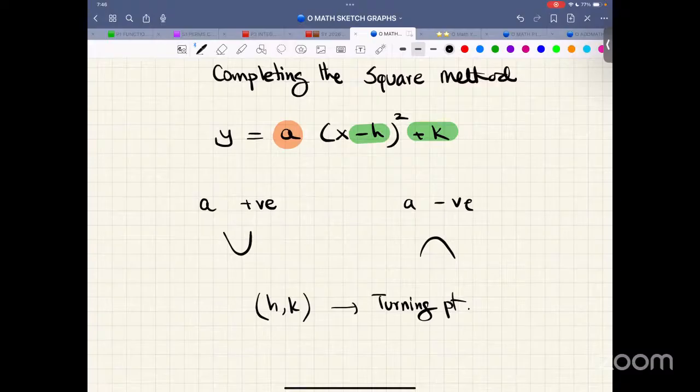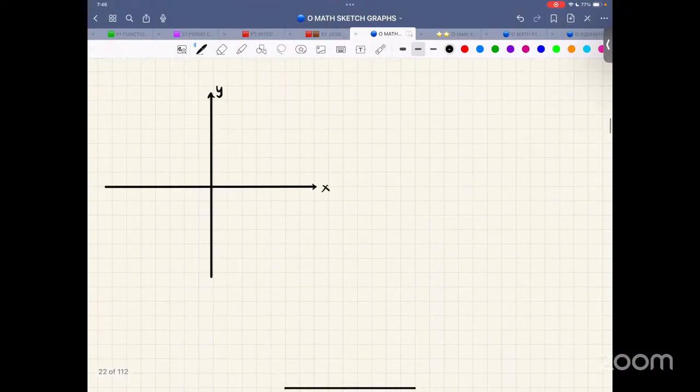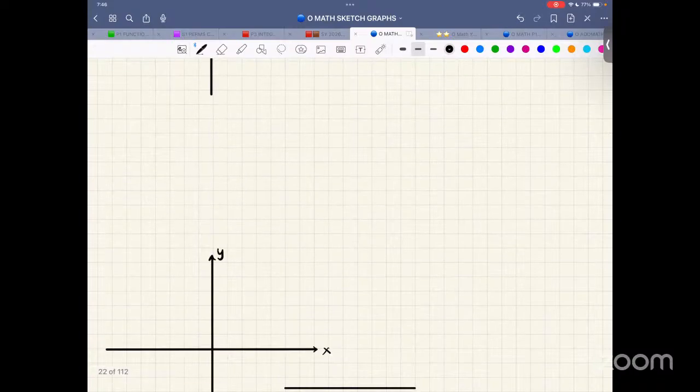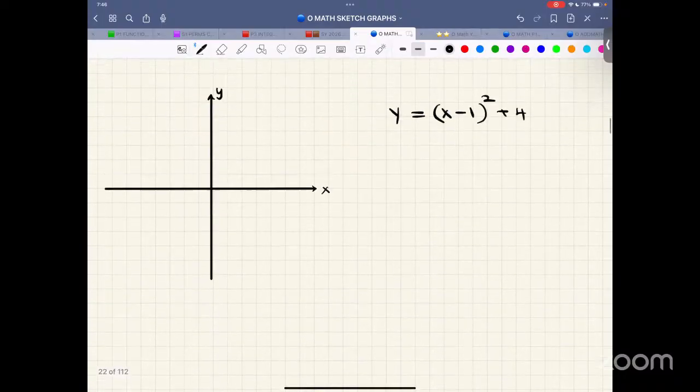So now over here, what we do is that we have to make use of this by drawing. Let's say I have y is equals to (x minus 1) whole square plus k, actually 4. And over here, let me write y is equals to (x plus 2) whole square plus 3, something like this.